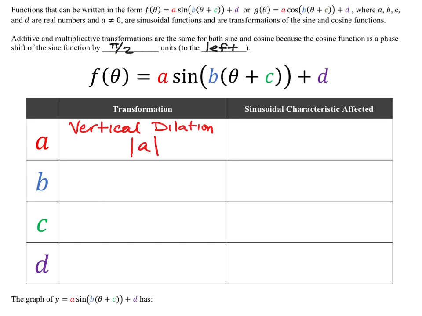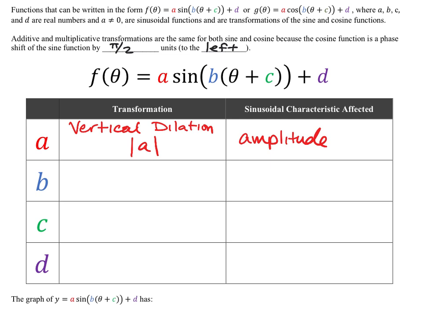But the a is going to tell me how much to stretch or to shrink my graph vertically. Pull it up or pull it down. Which means since I'm stretching the graph vertically, that is going to affect the amplitude of this graph. So the number in the very front changes your amplitude, changes how big or how deep your waves are.